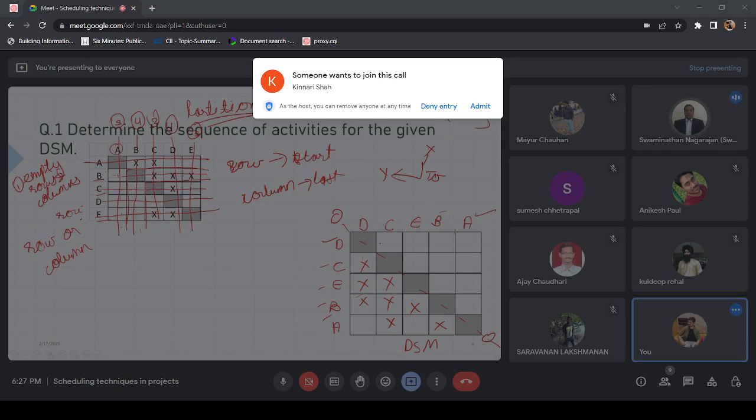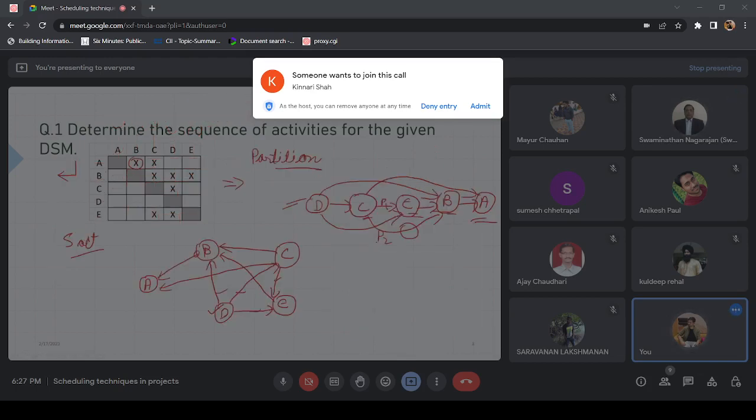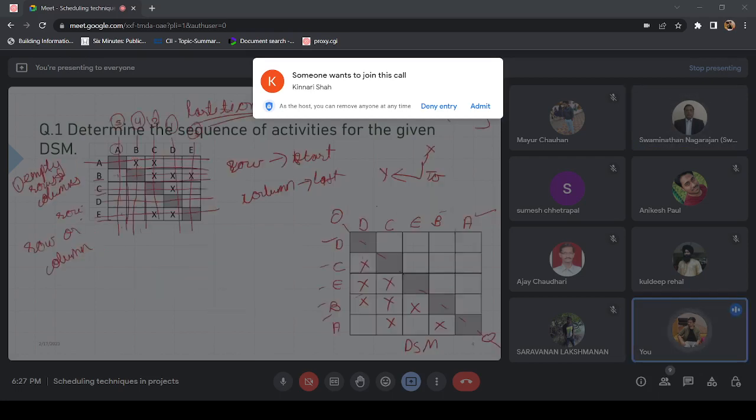It happens when we have got everything in sequence, like there are no loops here. I mean all the arrows are forward moving, there is no arrow coming backwards, right? And this is the sequence kind of. So when you have got activities in sequence and there are no loops, we won't find any arrow above the diagonal.